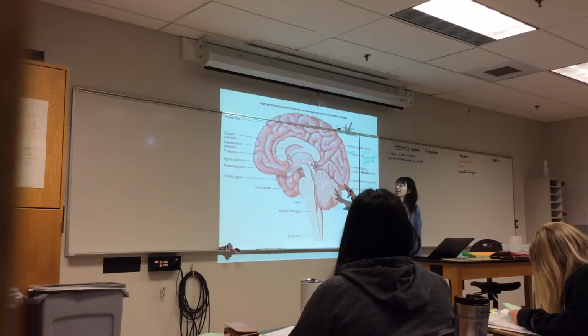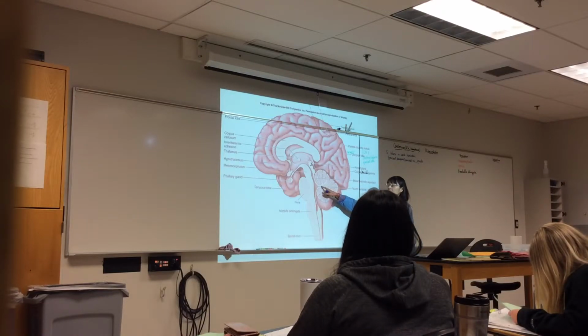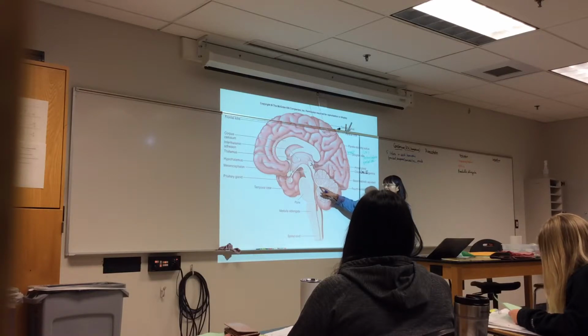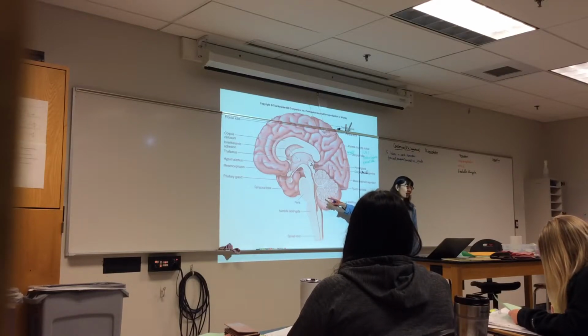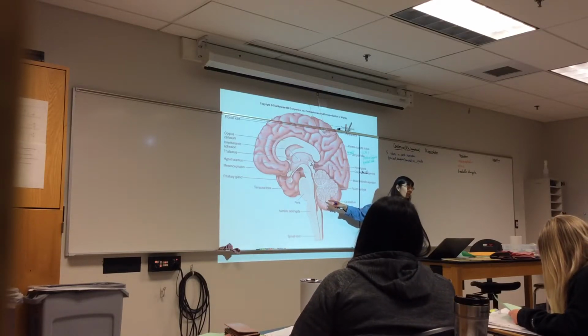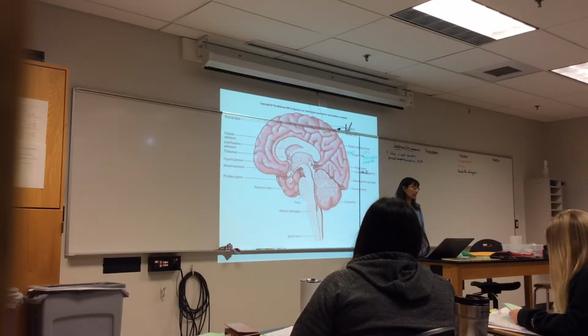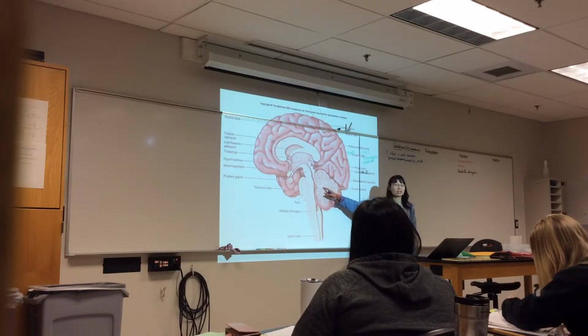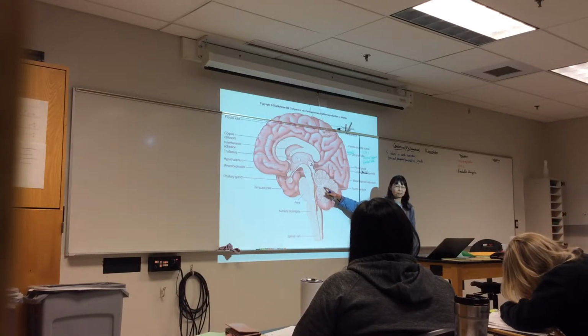I know it's kind of hard to see, but just trust me, this is white. The tree trunk and branches, that's white matter. What does that mean? Is it myelinated or unmyelinated? Myelinated. Axon, dendrites, or cell body? Axon. So this is myelinated axon.